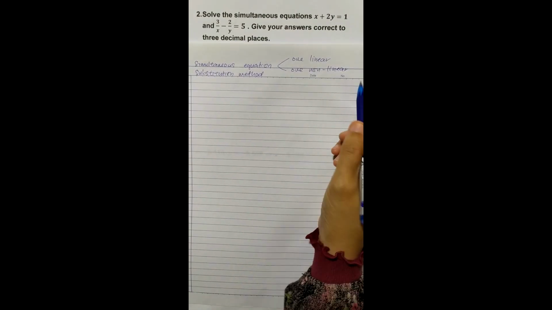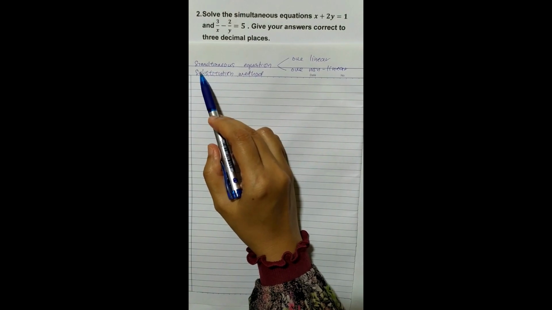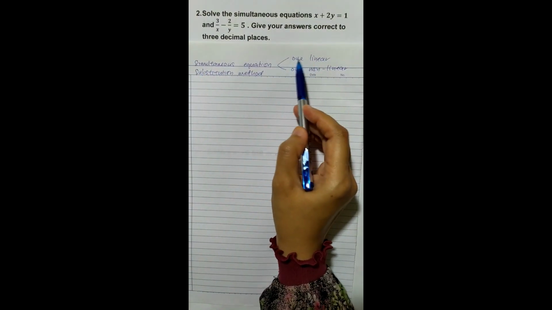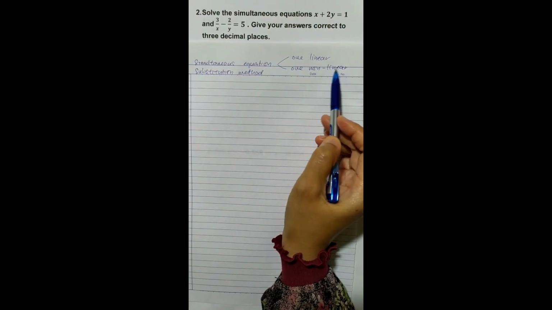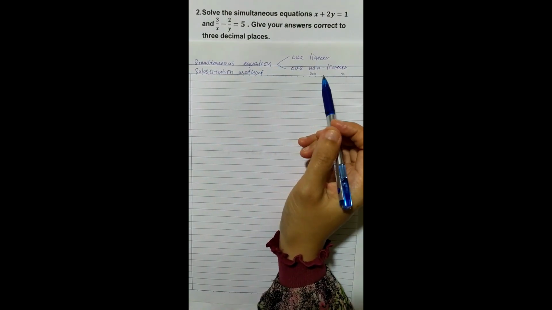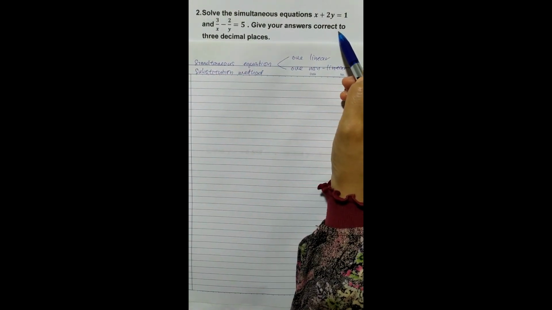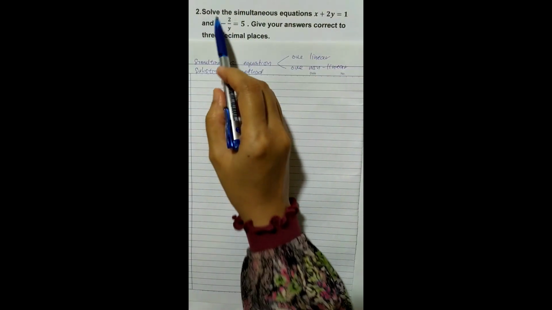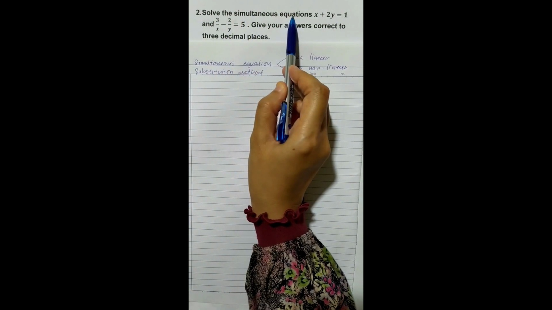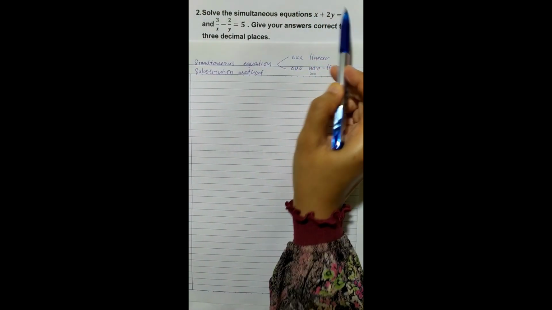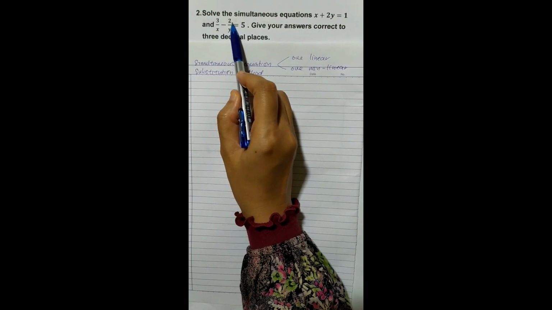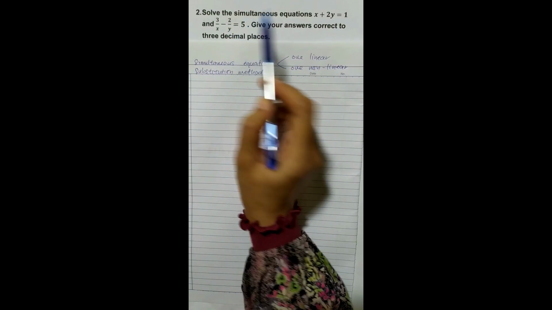Here we have another example of solving simultaneous equations of one linear and one nonlinear equation by using the substitution method. This is an SPM question, SPM 2019. Solve the simultaneous equations x plus 2y equals 1 and 3 over x minus 2 over y equals 5.